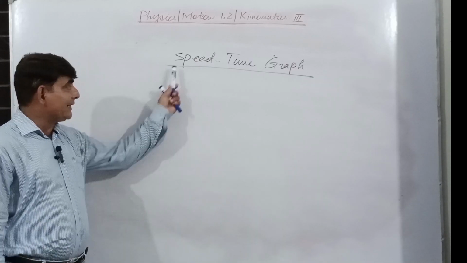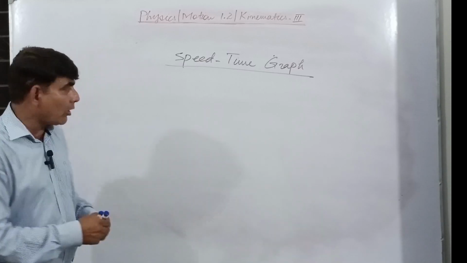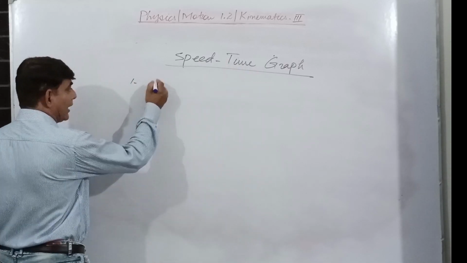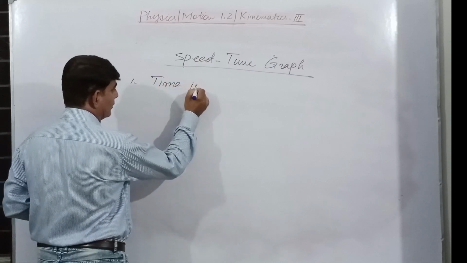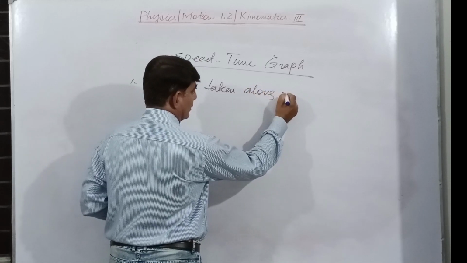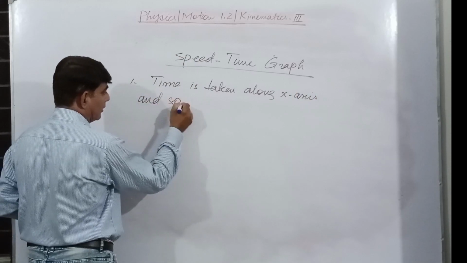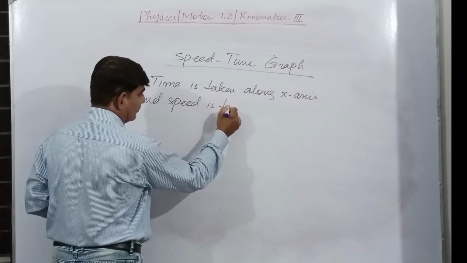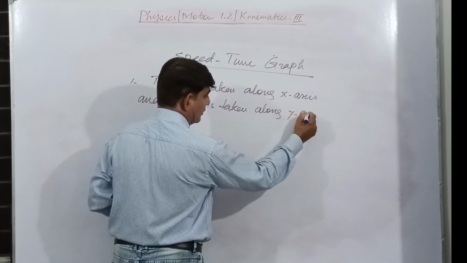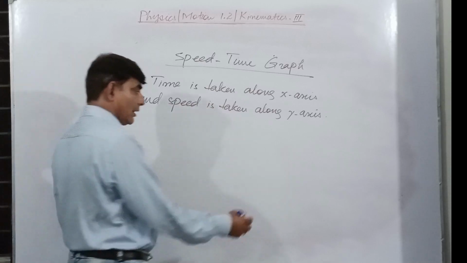Now the speed time graph, after the distance time graph. The first point: time is the independent quantity. So time is taken along x-axis and speed is taken along y-axis, like this.